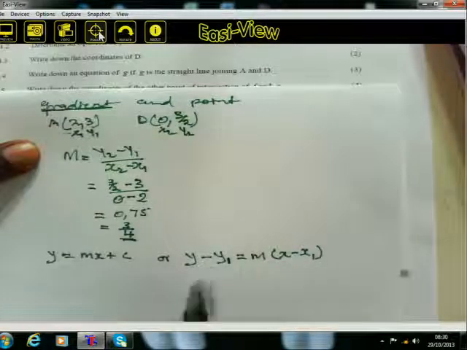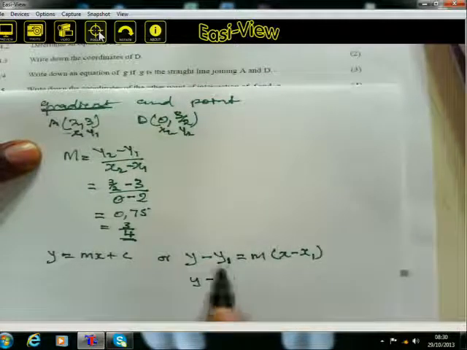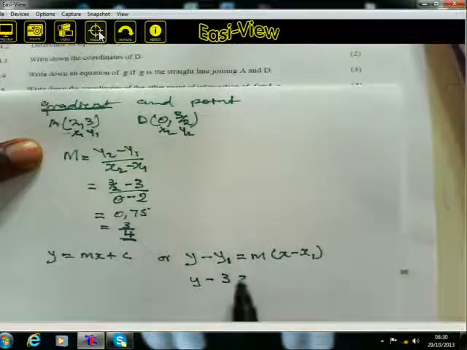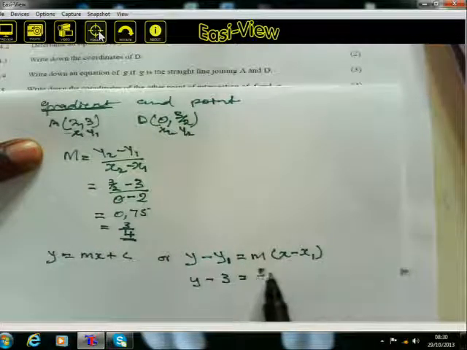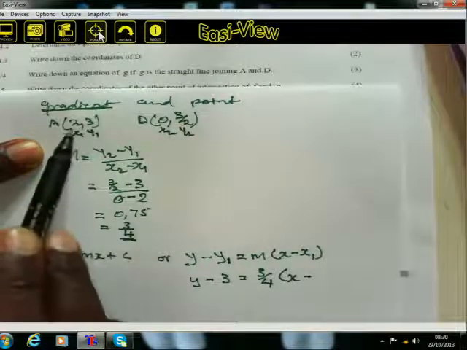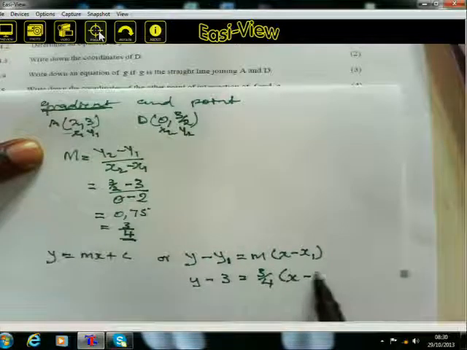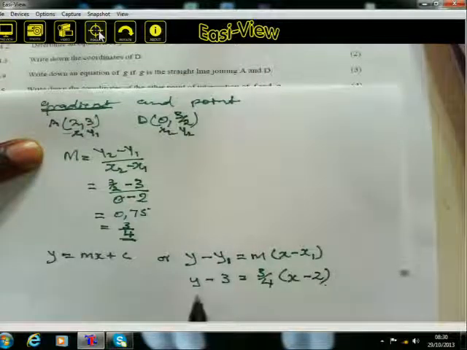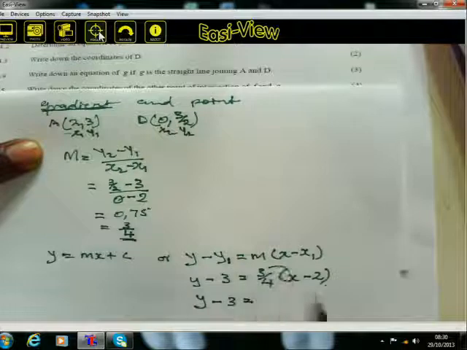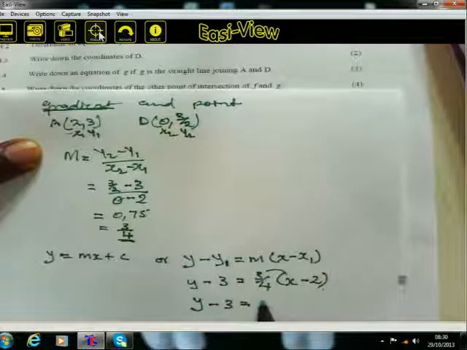Alright, let me use this one. y minus our y1, in this particular case it is 3, equals the gradient 3 over 4 into x minus our x1, which is 2. Alright, y minus 3 equals, let's remove the brackets, 3 over 4 x.